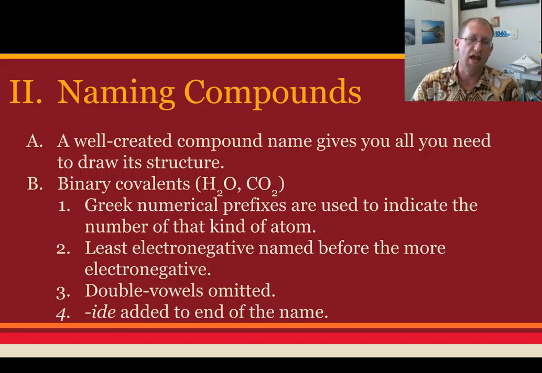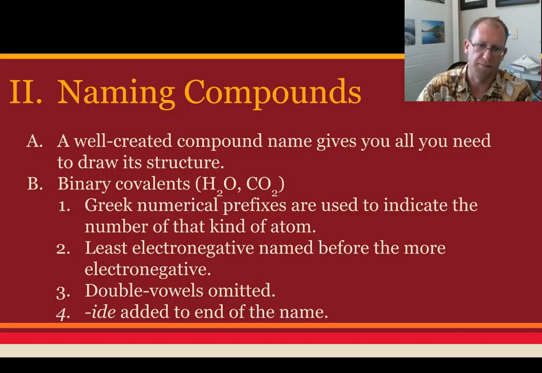And so when we name a binary covalent molecule, by that I mean a covalently bonded molecule that has 2 kinds of atoms in it, then we will use Greek numerical prefixes, mono, bi, di, tri, etc., to indicate the number of that kind of atom. And we will name the least electronegative atom before the more electronegative atom.